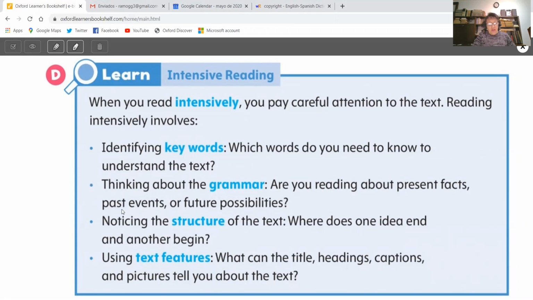Noticing the structure of the text. Where does one idea end and another begin? Using text features. What can the title, headings, captions, and pictures tell you about the text? So practically, intensive reading means paying attention to every detail in the reading.